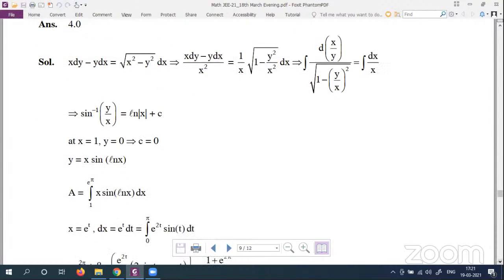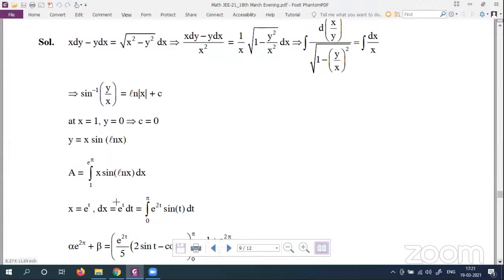So solving, we get the value of the function as y is equal to x sin(ln x). So to find the area, integrating between the limits 1 and e^π.